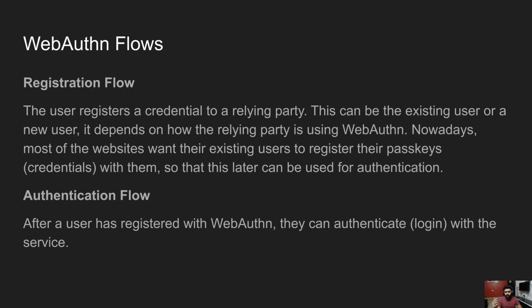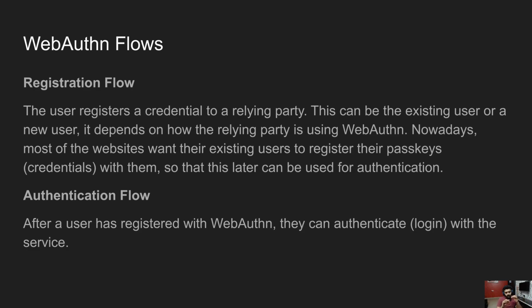In WebAuthn, we have two flows: registration flow and authentication flow. The authentication flow is called the verification flow as well most of the time. In the registration flow, the user registers a credential with a relying party.